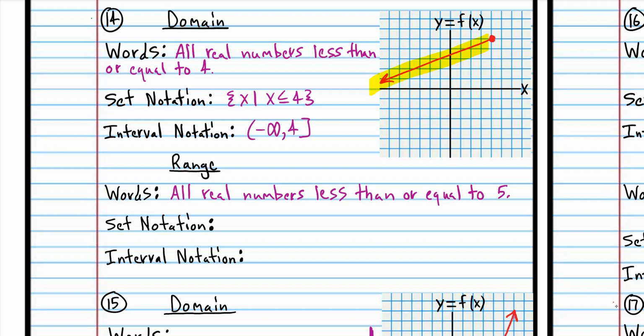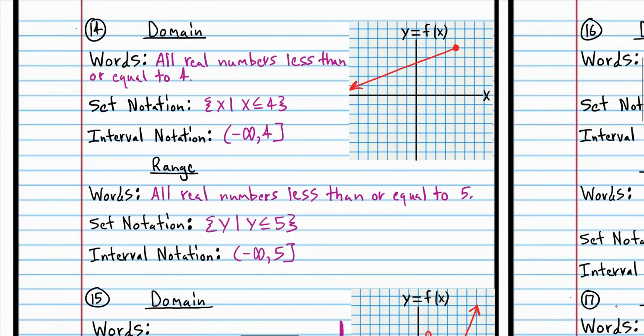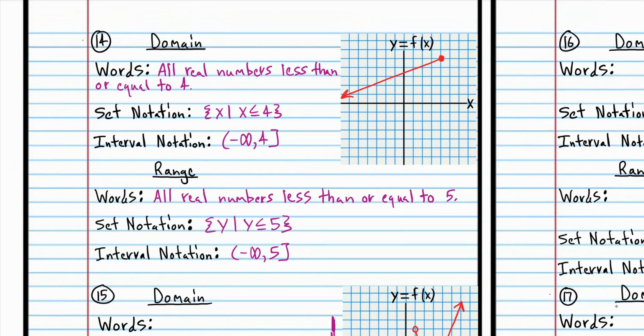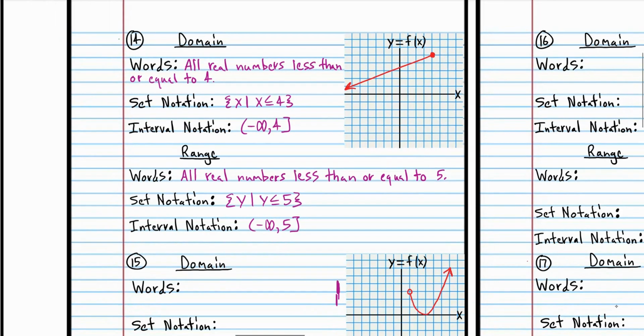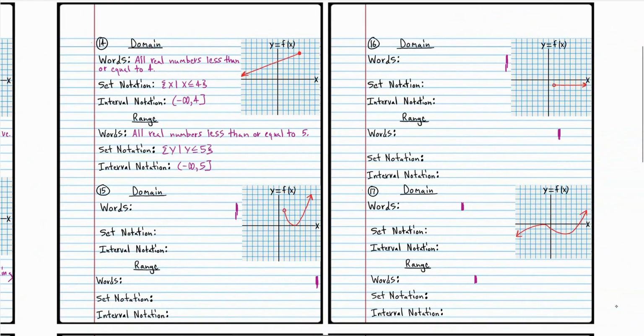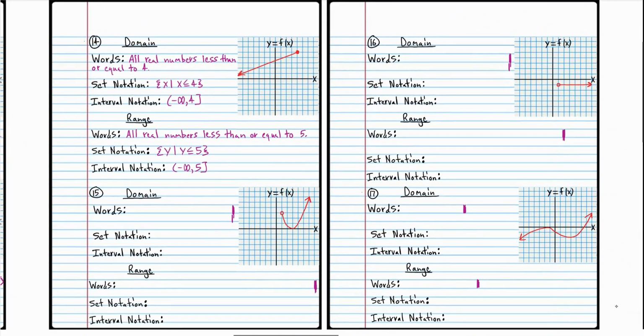So the range is the set of all y values such that y is less than or equal to 5. And we say negative infinity, comma, 5, bracket, in interval notation. If you got that right, good job. Try number 15, and when you come back, we'll do it together.